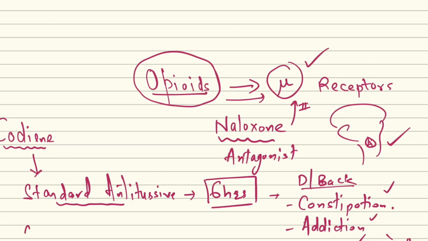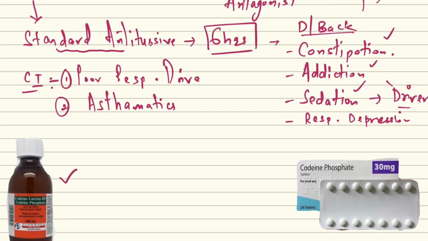That's why it is contraindicated in patients who have poor respiratory drive, and also in asthmatics. Codeine comes in the form of tablets as well as syrup. The tablets come in doses of 15 to 30 mg.